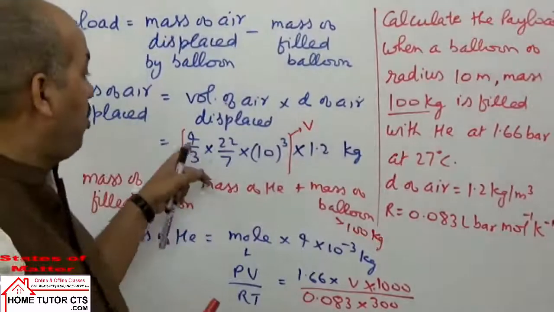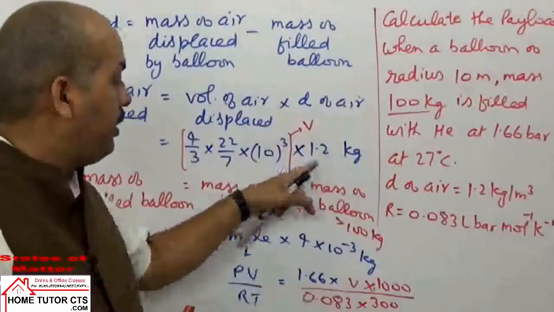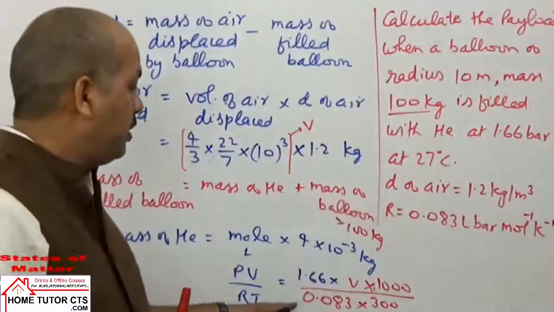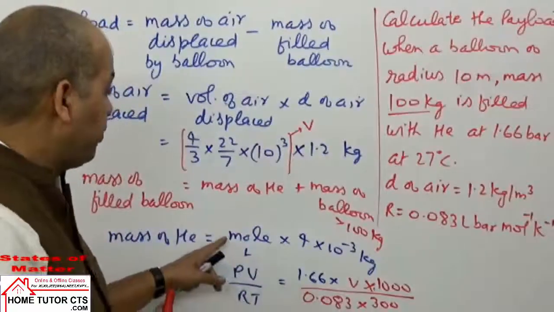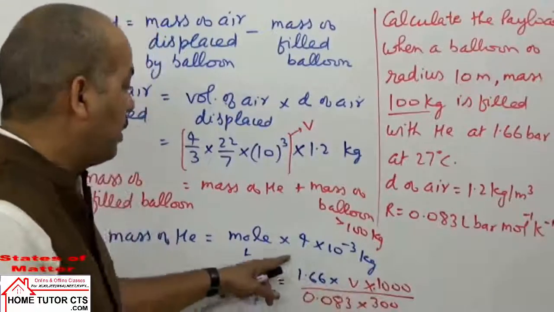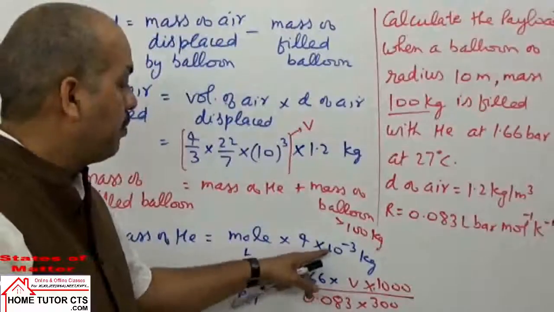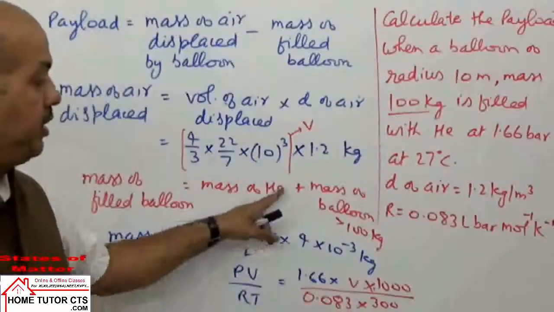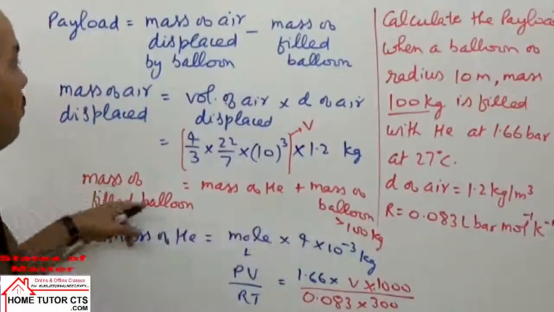So we have made it liters, into 1000 by RT, that gives the moles of helium gas, into the molar mass of helium gives the mass of helium. It is given in kg. That is the mass of the filled balloon.